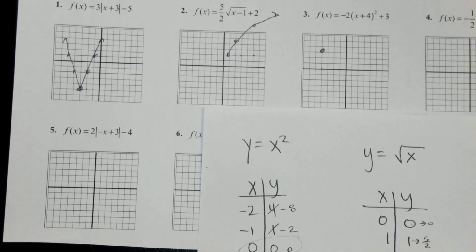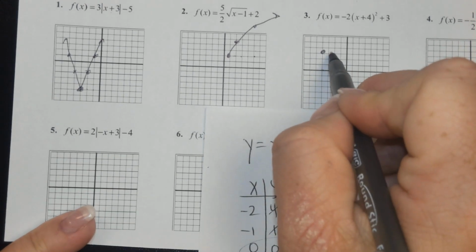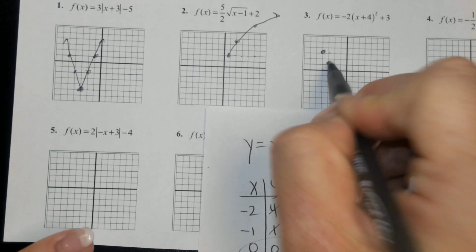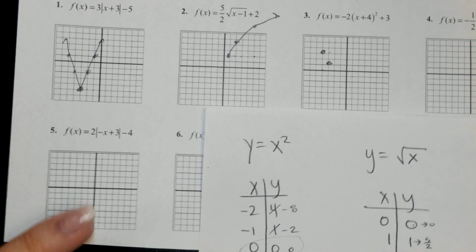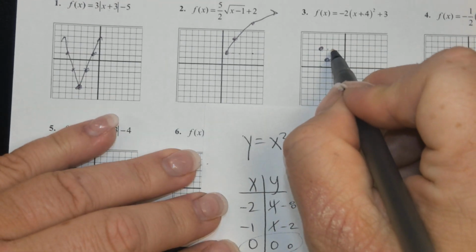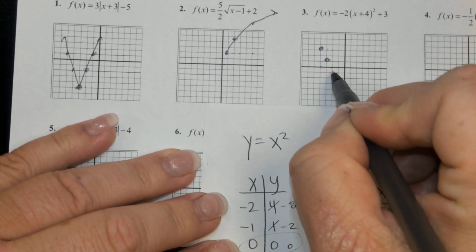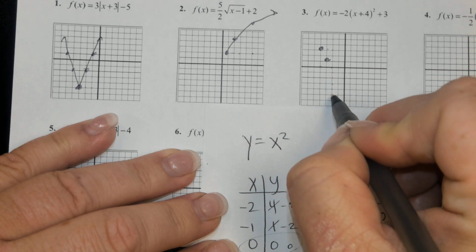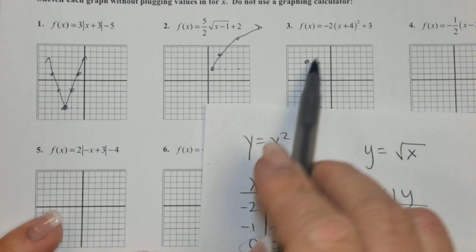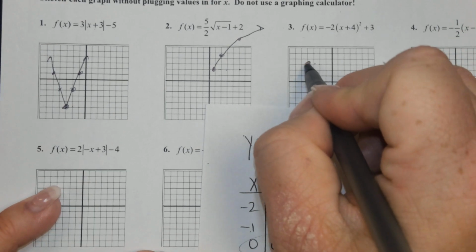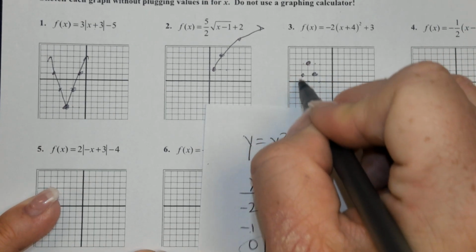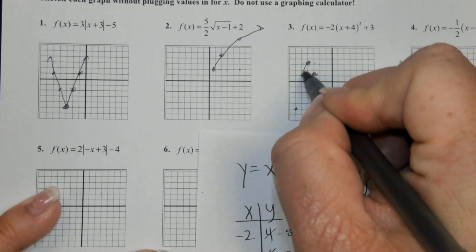I'm going to go right 1 and down 2. I'm going to go right 2 and down 8. And then I'm going to go left 1 from this point, down 2, and left 2, down 8.